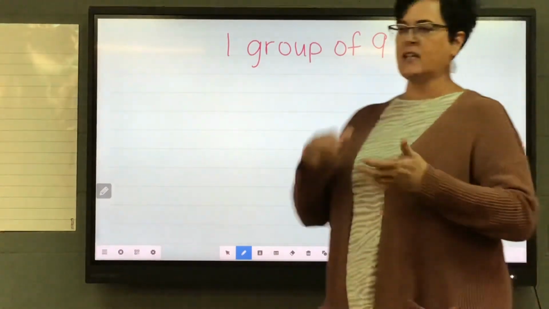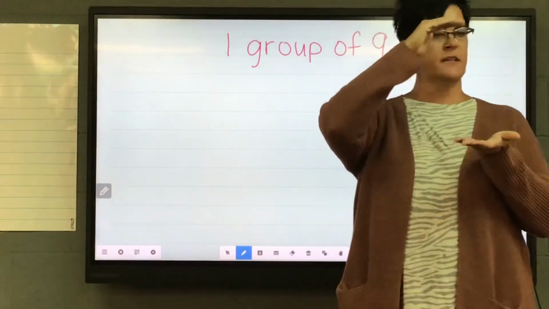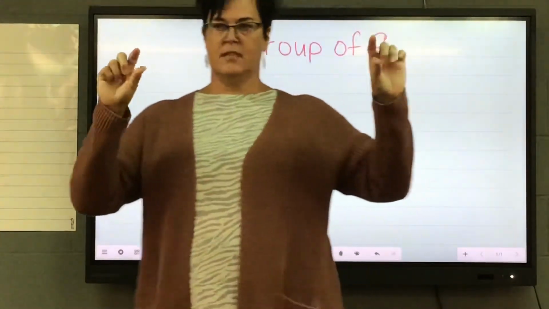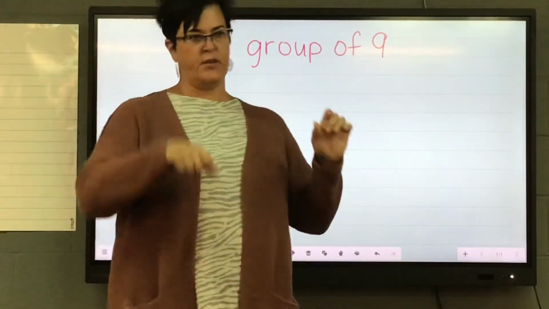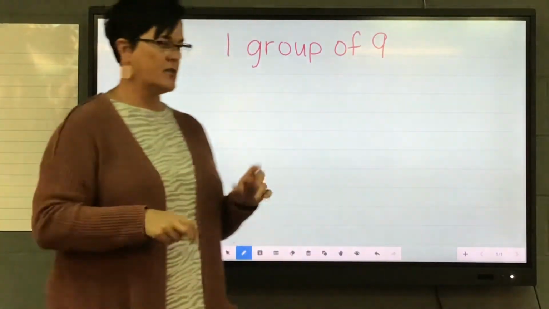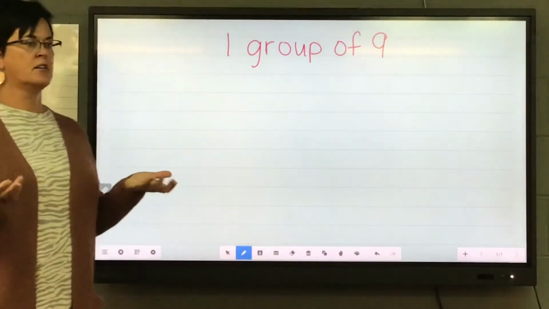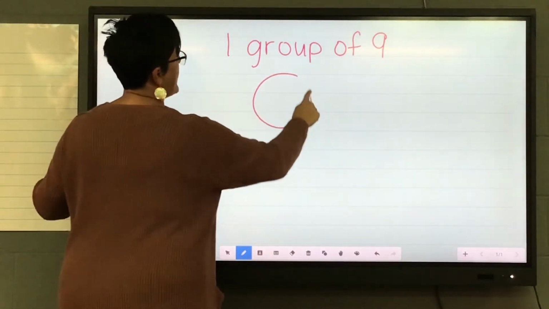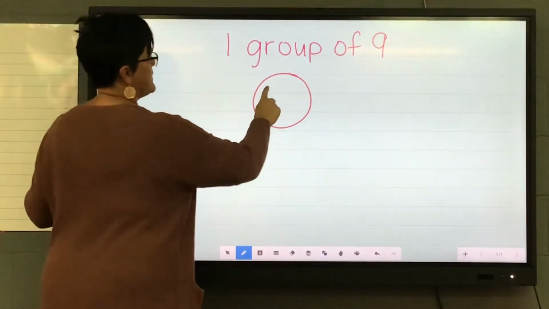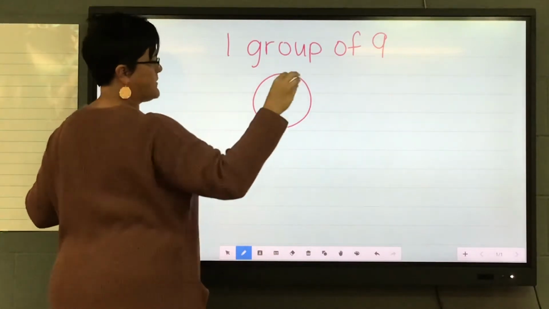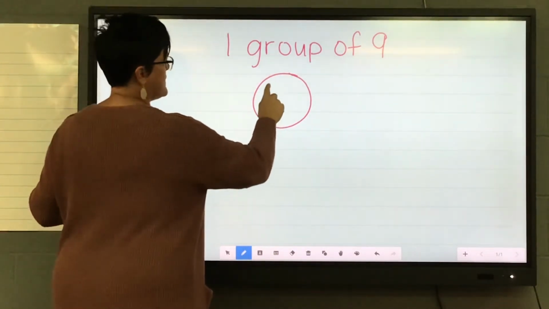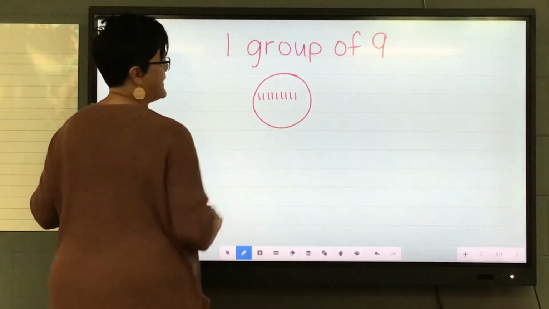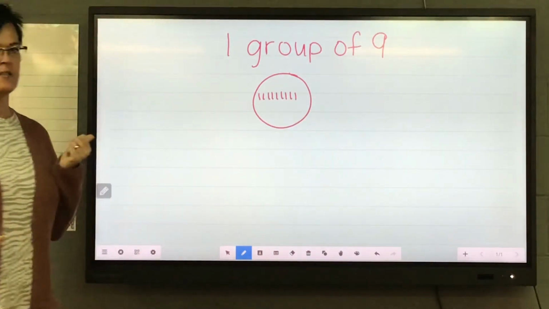Okay, so it looks like a lot of you stacked them, which is fine. Some of you displayed them straight across or straight down or as like doubles. Doesn't matter how you did it. How many groups do you have? 1 group. So some of you just stacked them all on top of each other. Some of you did 1, 2, 3, 4, 5, 6, 7, 8, 9. Okay, that's fine.